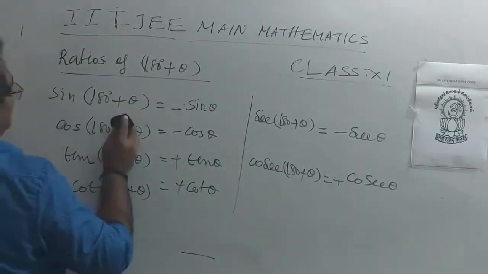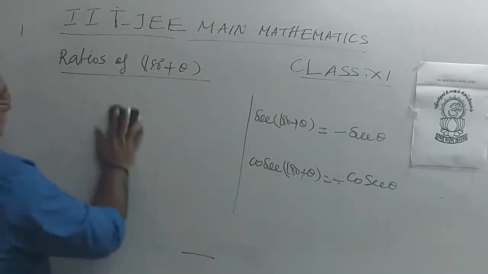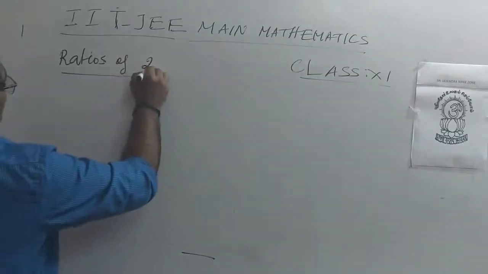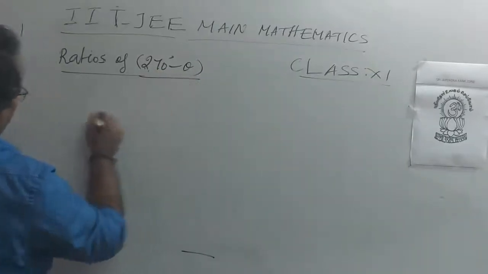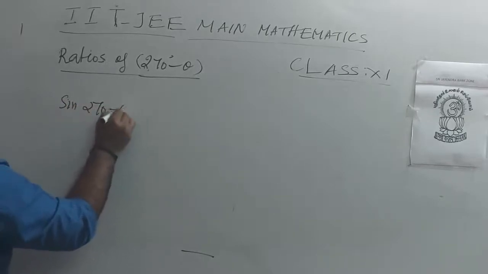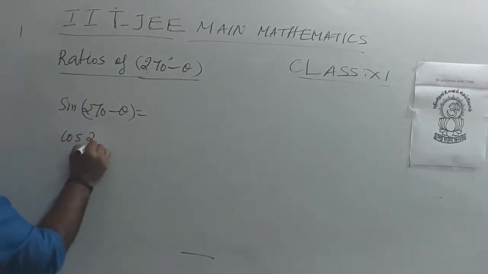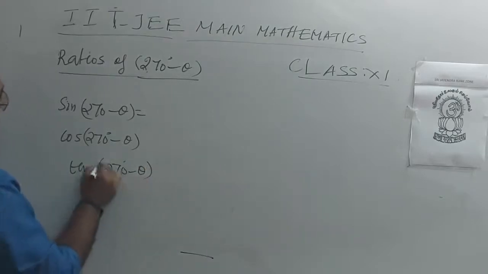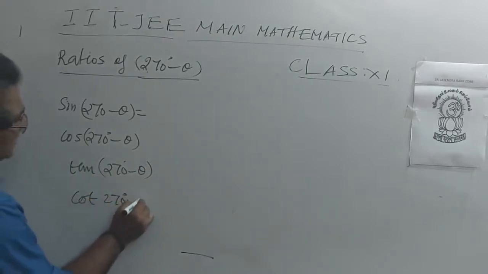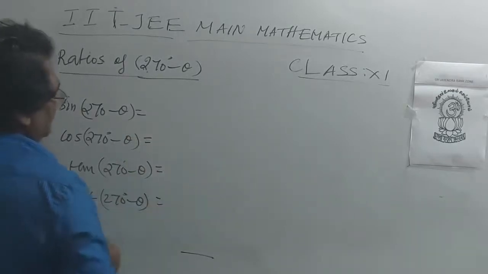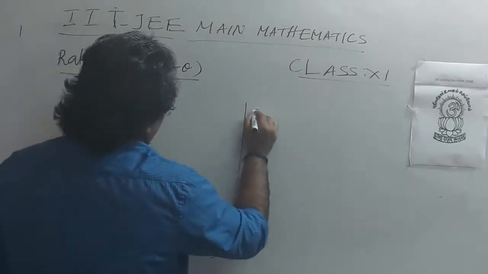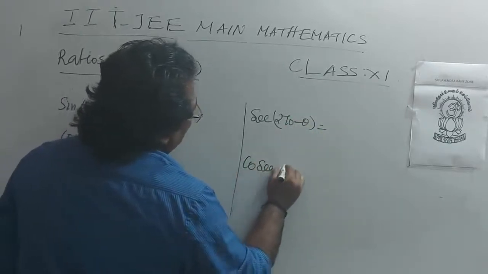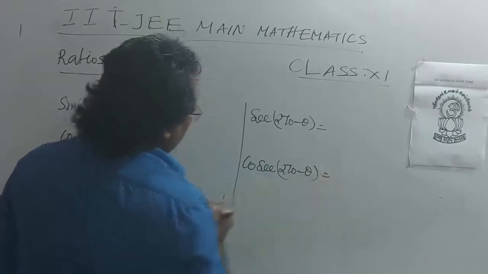Next, 270 minus theta. Sin 270 minus theta, cos 270 minus theta, tan 270 minus theta, cot 270 minus theta, secant 270 minus theta, cosecant 270 minus theta.